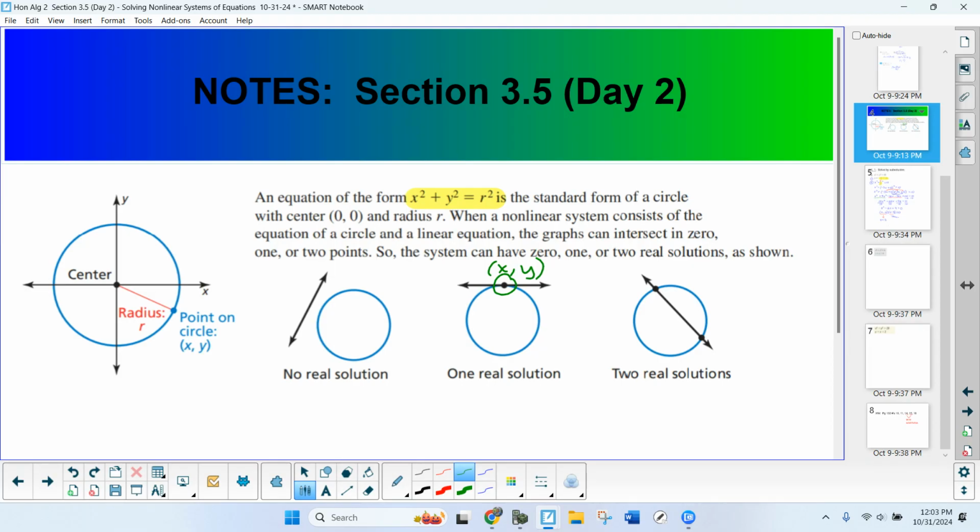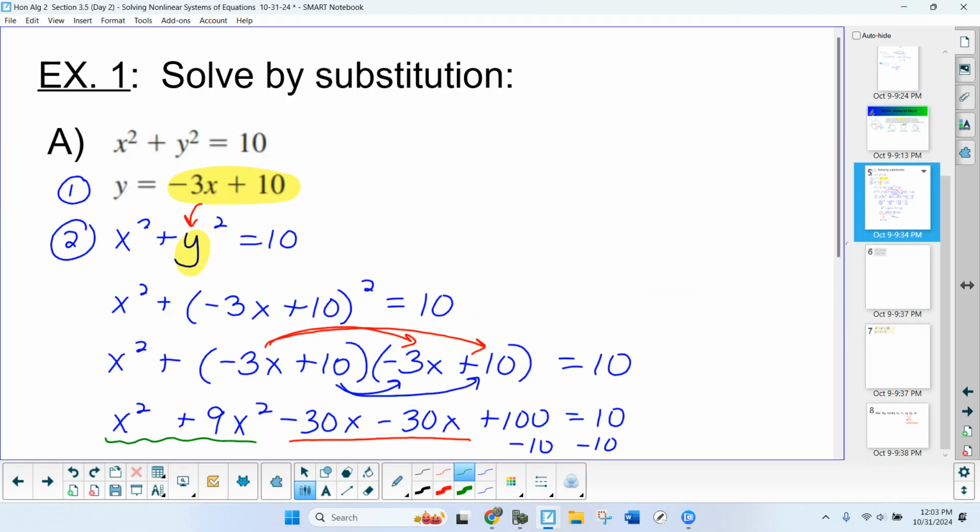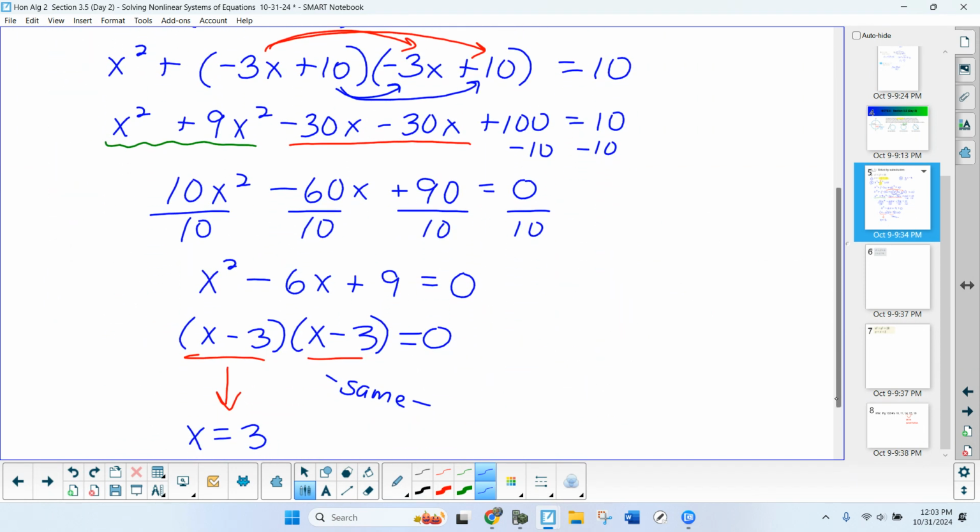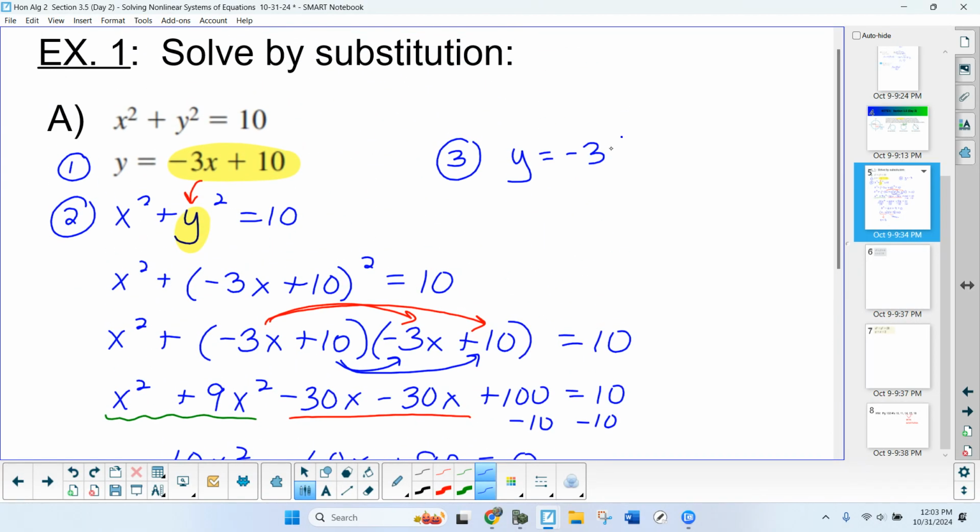Okay. So, now that we've found X, what do we have to do for step 3? Find Y. Well, what do we know about Y? It's -3 times X. Well, what was X again? 3. So, -3 times 3 plus 10. So, that's -9 plus 10. So, what's Y? 1.